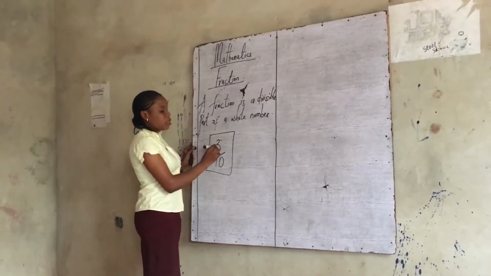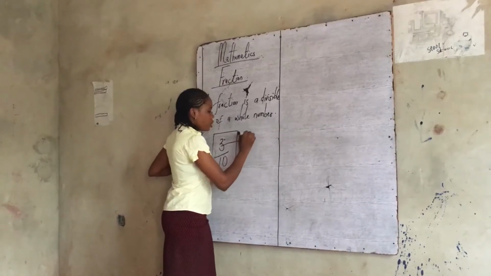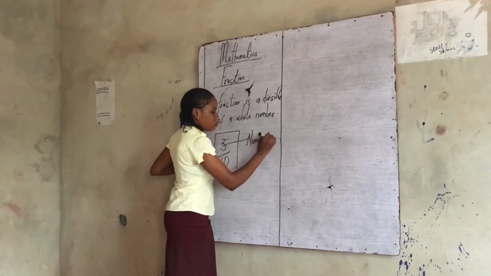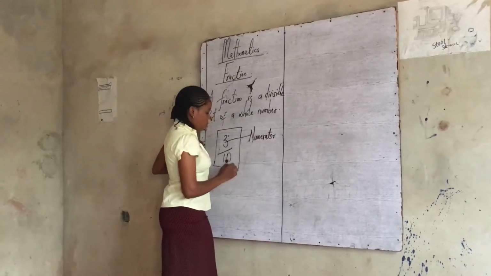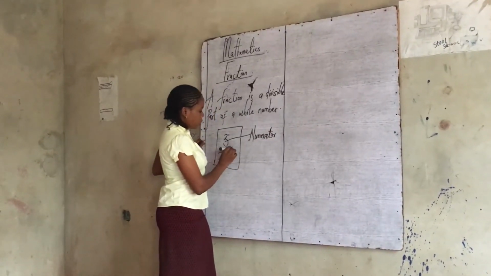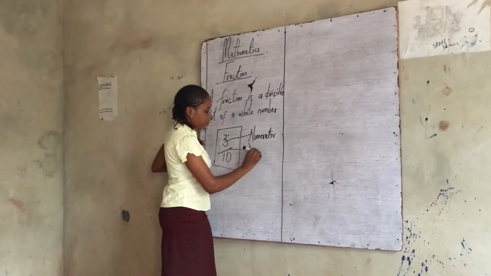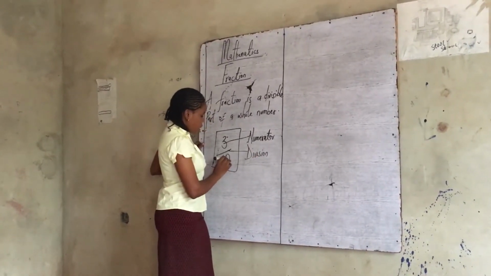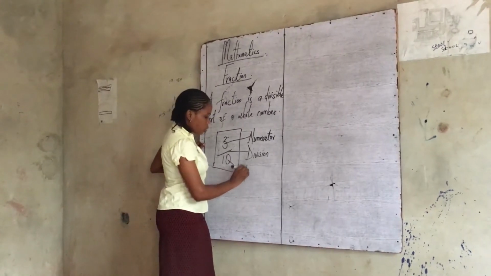This upper number is called a numerator, while this is the division sign, and this is called the denominator.